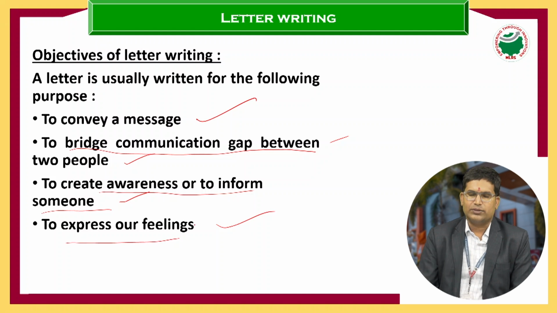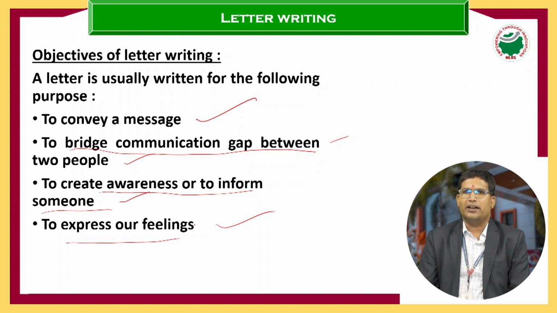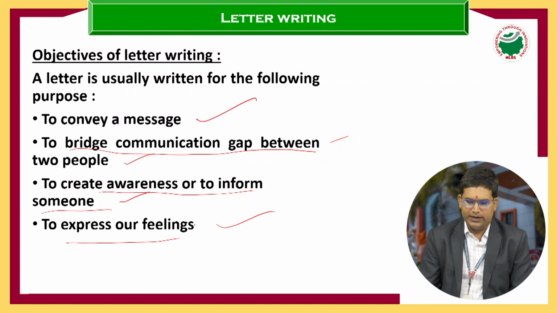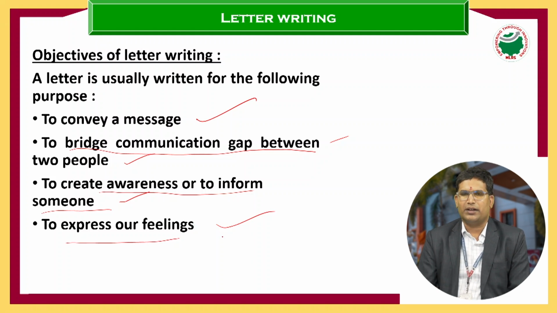So she expressed her feelings about the sudden demise of a person. Sometimes we also write to know about the other person's good or bad things, happiness or sadness, just to know their feelings and expressions.